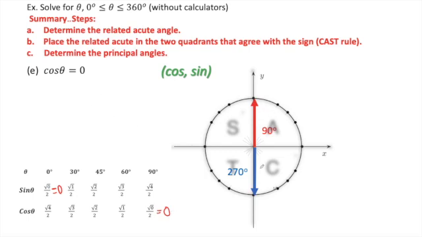It has nothing to do with that, because it's 0, it's going to be at 90 degrees and also 270. So we actually do have two principal angles here, because you don't need to figure out positives and negatives too. So our principal angles would be 90 and 270 degrees. Okay, so that question is done.